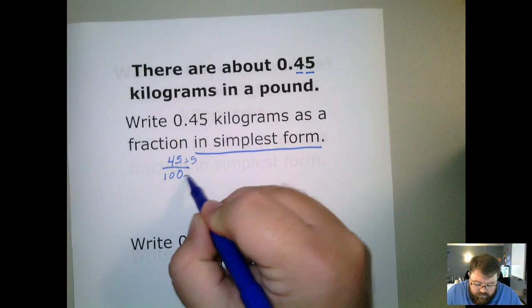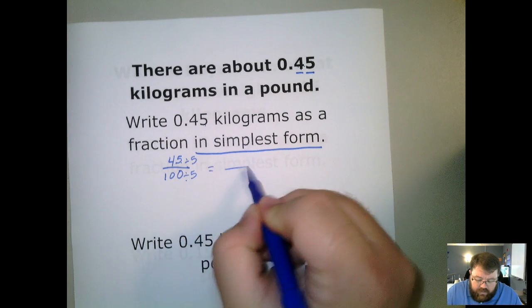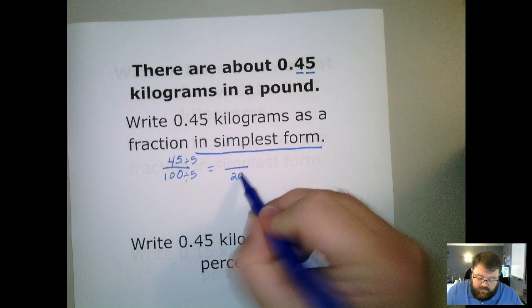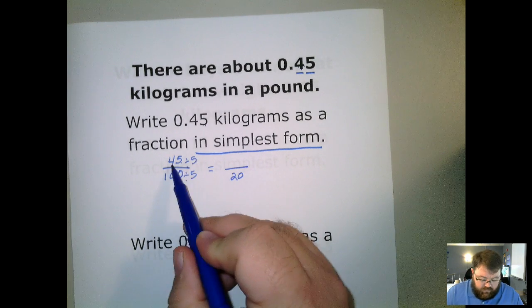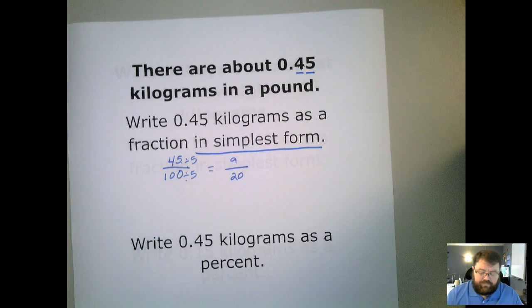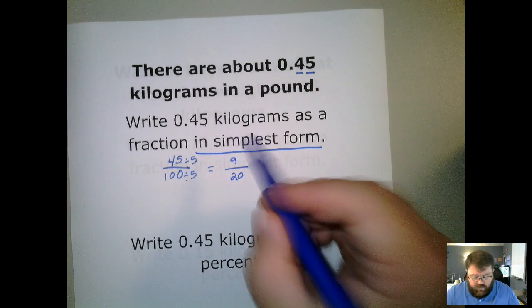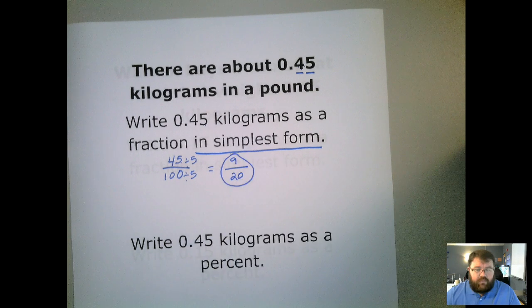So I divide them both by 5. I know that 5 goes into 100 20 times. I know that 5 goes into 45 9 times. Now I think of 9 and 20, and I can't think of anything right off the top of my head that would simplify here. So I have my simplest form.